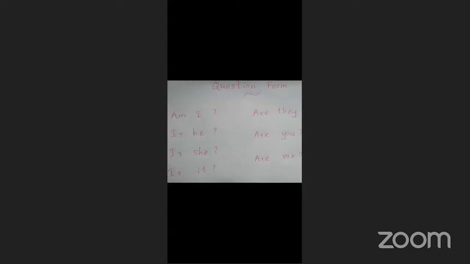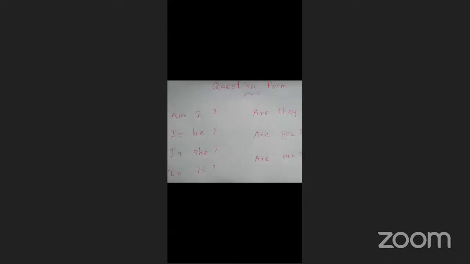Are they? Are they obedient pupils? Are you a clever child? Are we cricketers? So that is how you use the be verbs in question form. Look at them once again. Am I?